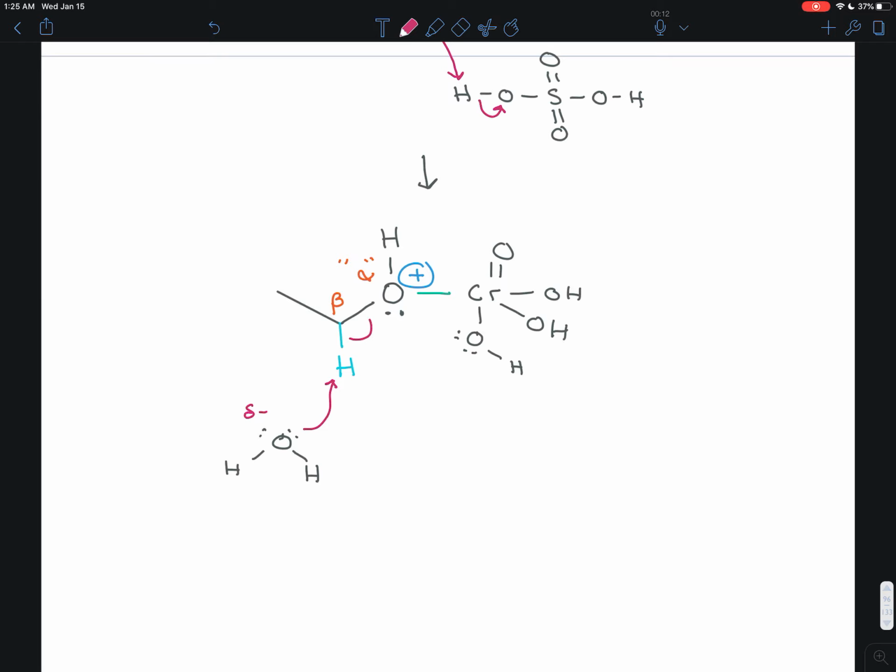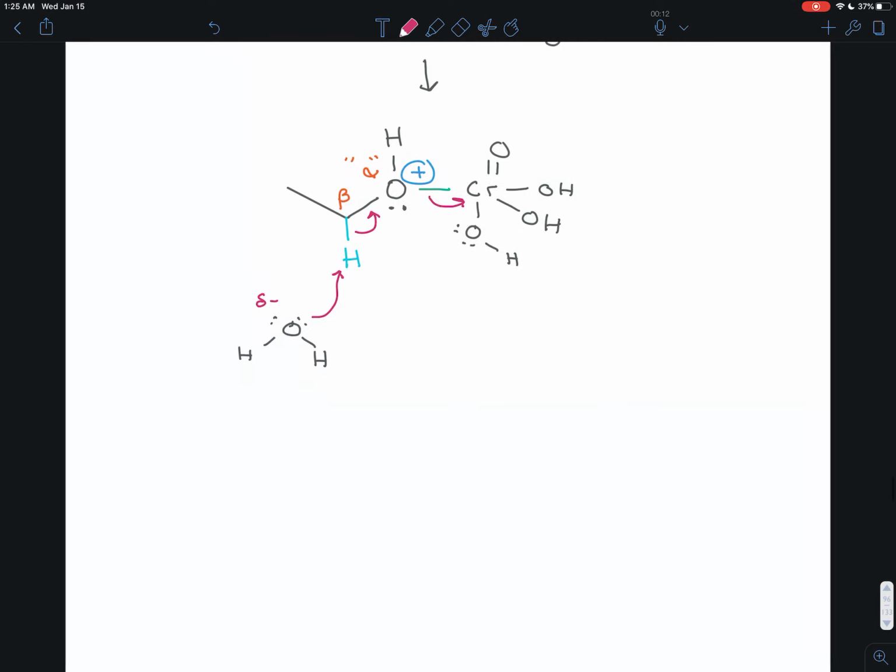Those electrons can go toward what we're treating as the alpha carbon, the alpha atom, the oxygen, and they kick this leaving group off. So that's our elimination reaction. You have this sort of beta hydrogen getting stolen, the electrons going toward what you would normally think of as the alpha carbon. Here it's an oxygen, and then it kicks the leaving group off.